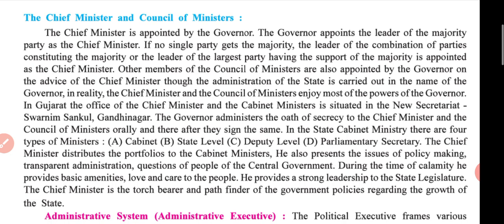The third one, judiciary, we don't study in this chapter. We will study it in the next chapter, chapter number 11. So these are all part of the second organ of government, that is the executive.